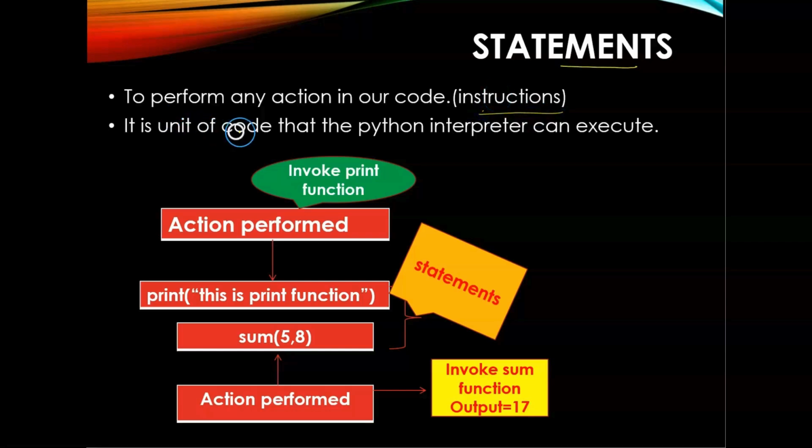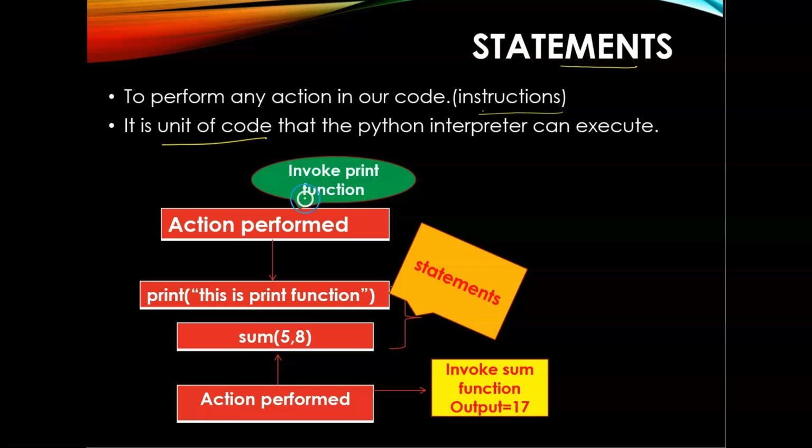It is the unit of code that the Python interpreter can execute. So statements are nothing but the unit of code that the interpreter executes. Line by line, each and every programming line is called a statement.